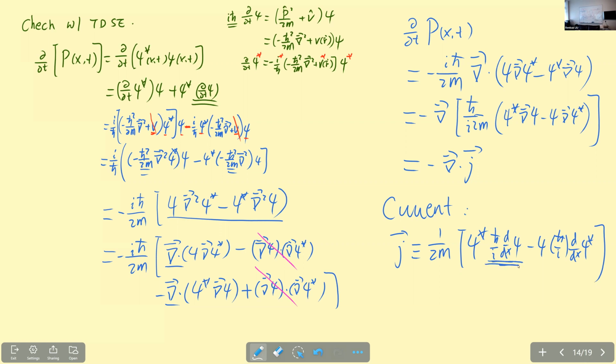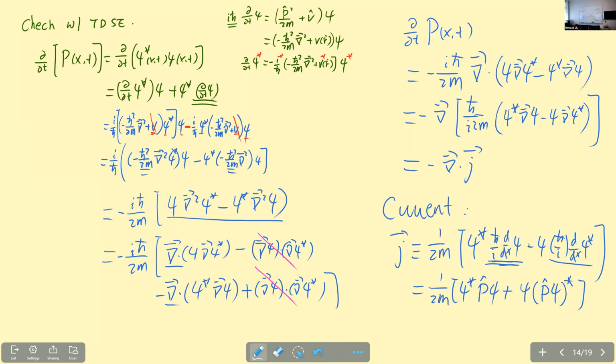Look at this one. This one is just acting the momentum operator on this one, right? And this one can be written this way, right?